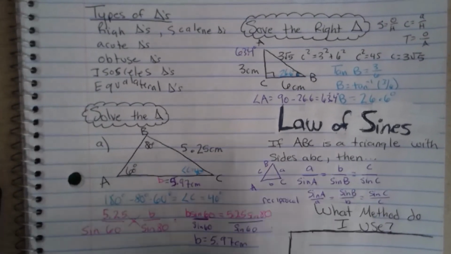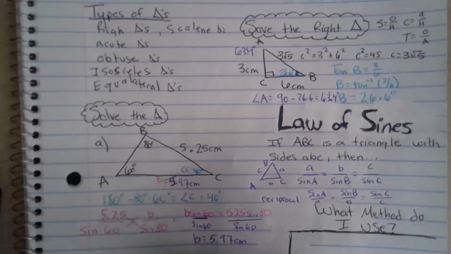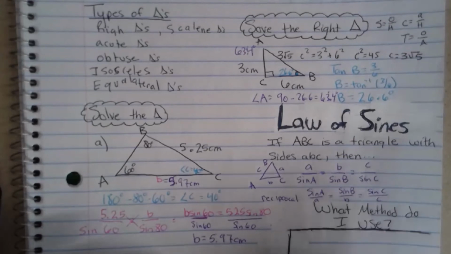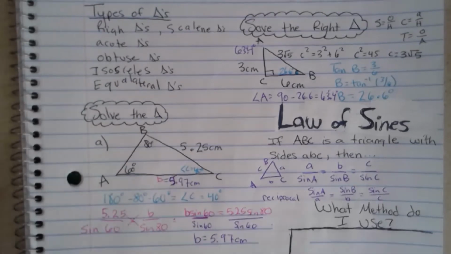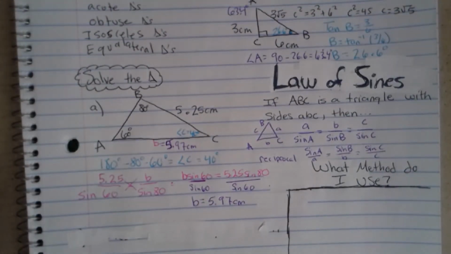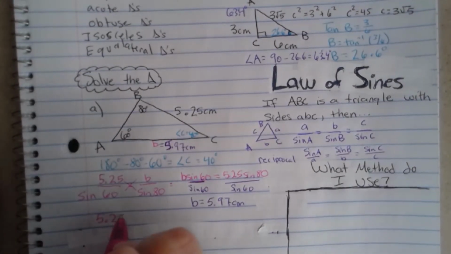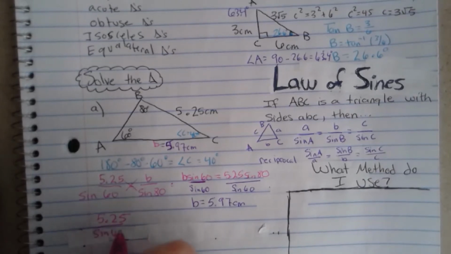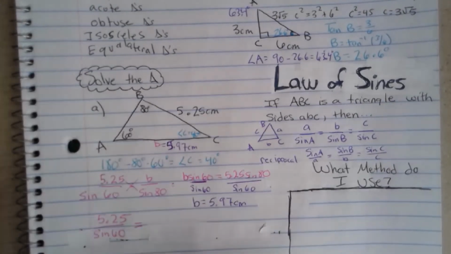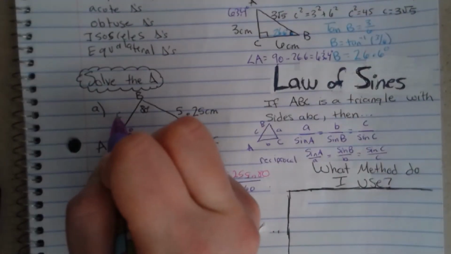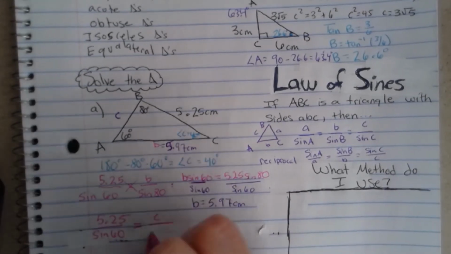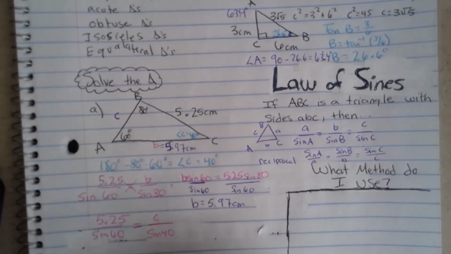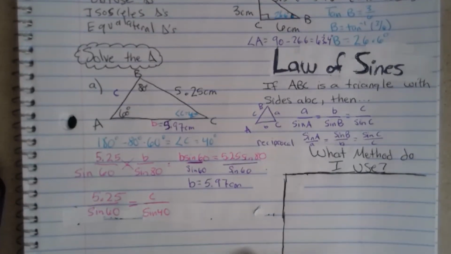We're going to set up a ratio that allows us to solve this. I'm going to use the 5.25 over sine of 60 again, but this time I'm going to set it equal to my c value, so c over the sine of 40.